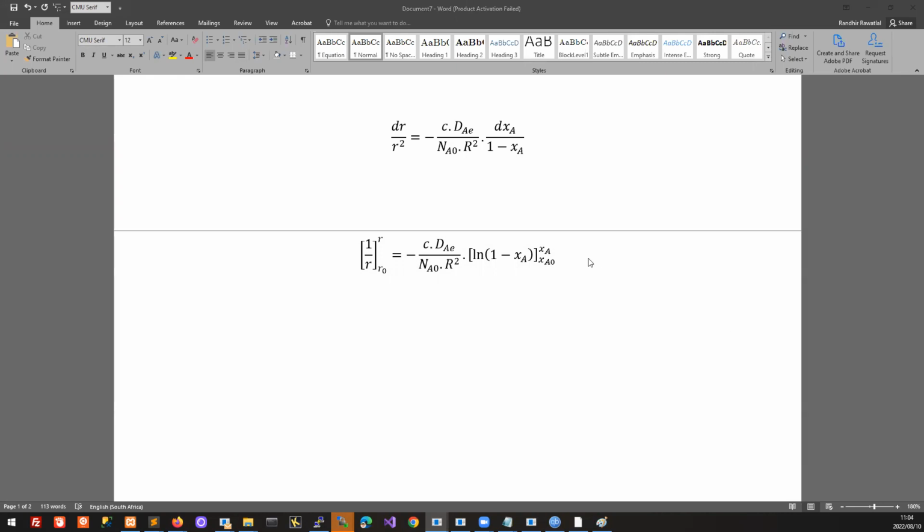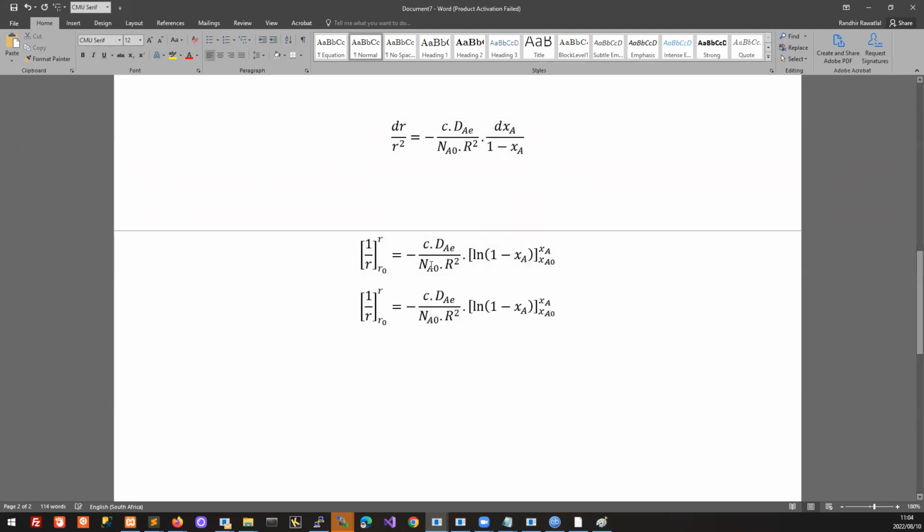Right, so that's an expression that we have. We still actually are trying to get to the flux, right? We haven't calculated that yet. Let's just apply our end positions.